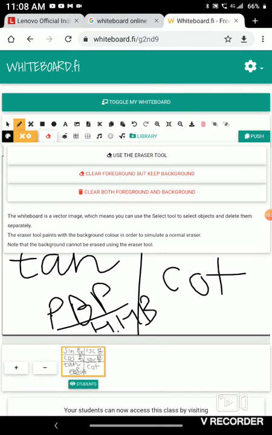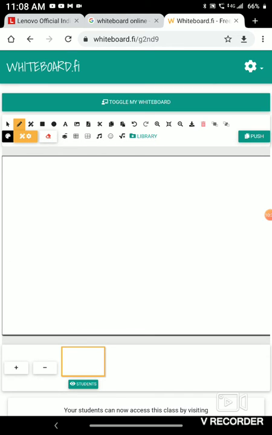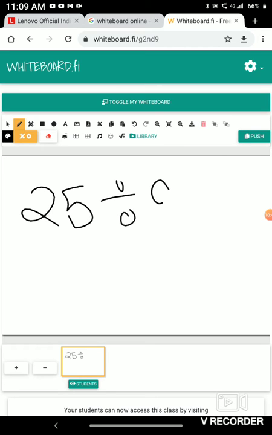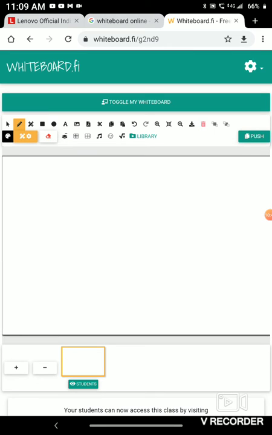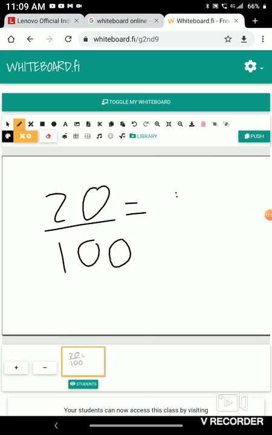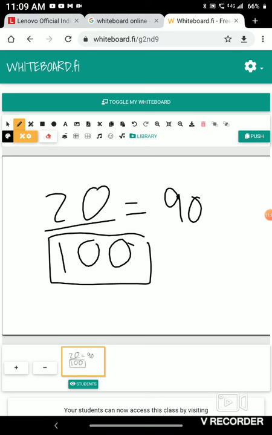And wait, I will give you an example, like in percent I will tell you. Okay, so 20 upon 100 is equal to 90, suppose. So now this 100 is in divide, we all know.